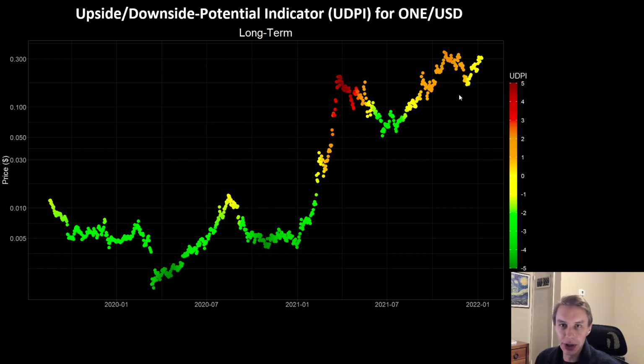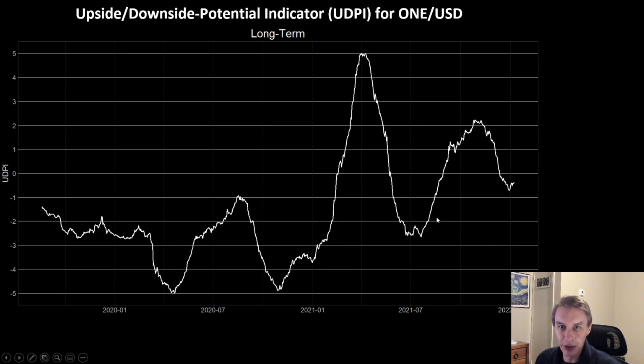So what does our risk indicator make of one's price action? I think we can see this a bit more clearly if we just look at the raw output of the model. So that's what I'm showing you here. So the UDPI plotted on the y-axis and then just time here. And you can see that we're a little bit below 0. So we're between 0 and -1.